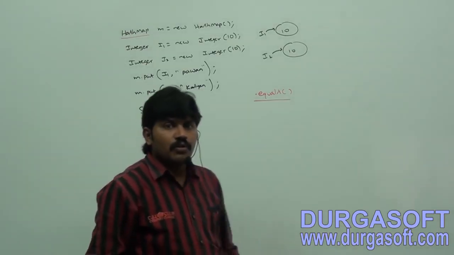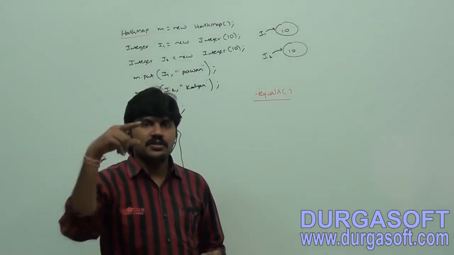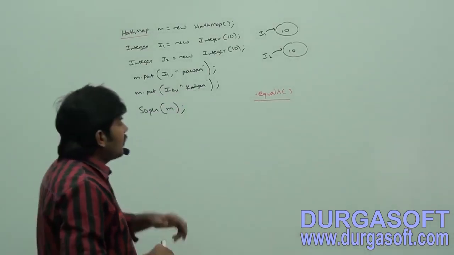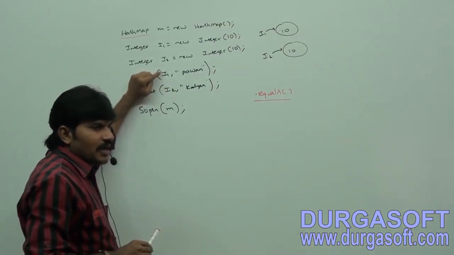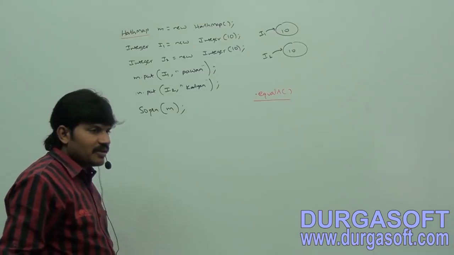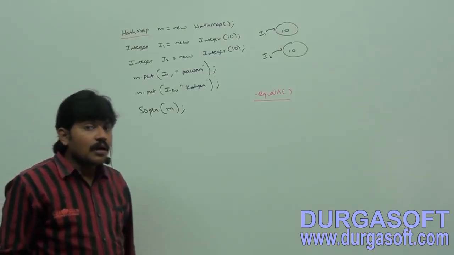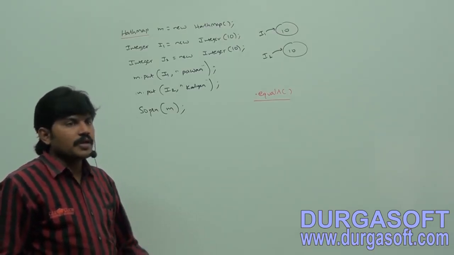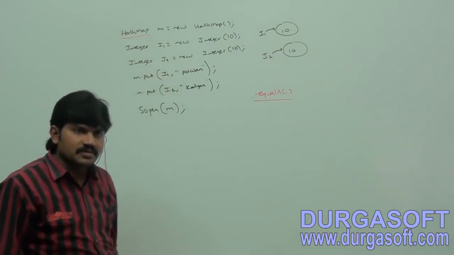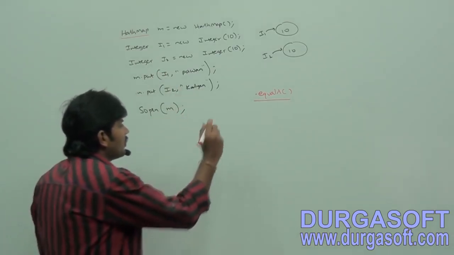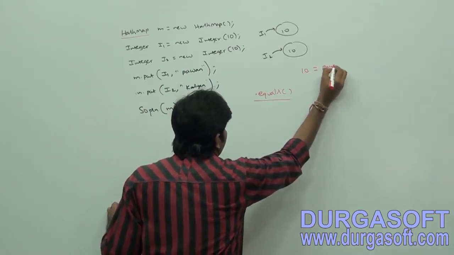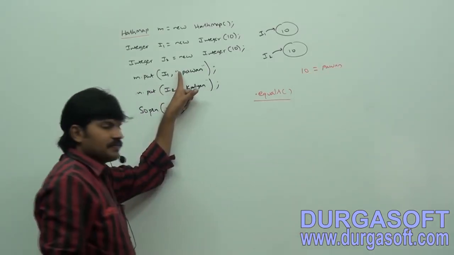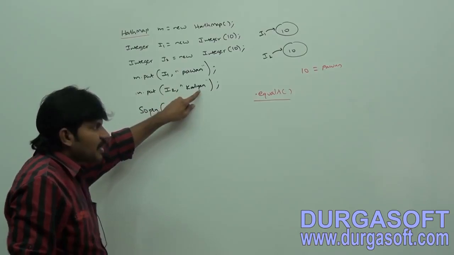Dot equals method to identify duplicate keys. Boss, is this key already there or not? Suppose I2 dot equals of I1 or I1 dot equals of I2 returns true or false? True. That's why they are duplicate keys. So first 10 is equal to Pawan added. Now I2 comma Kalyan I want to add.